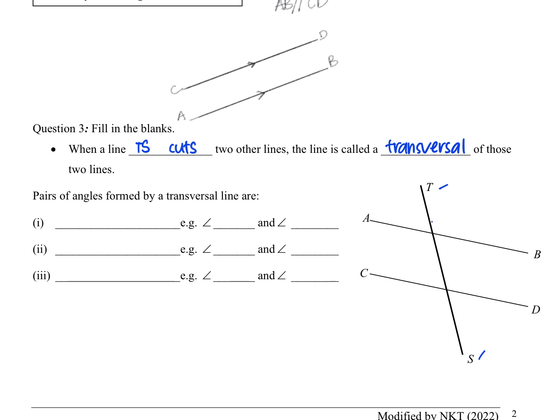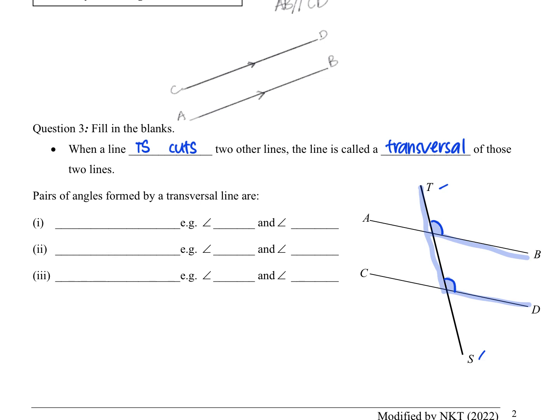The first one we have is the corresponding angles. Corresponding angles are angles that look a little bit like a letter F. You have this angle over here corresponding to this angle over here.